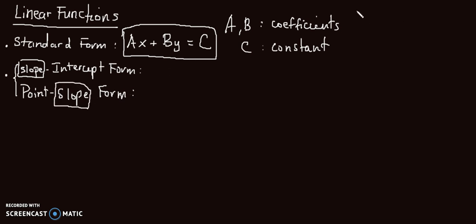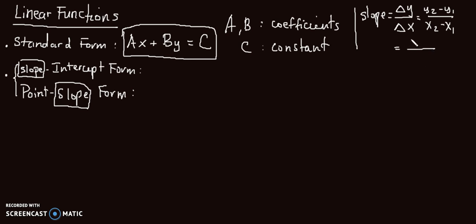Now, a reminder: what is a slope? Slope is defined as the ratio between the change in y and the change in x, so y2 minus y1 over x2 minus x1. Graphically, the change in y is the rise and the change in x is the run.